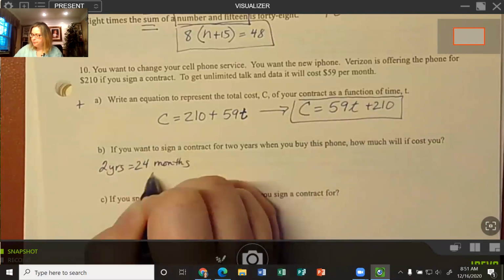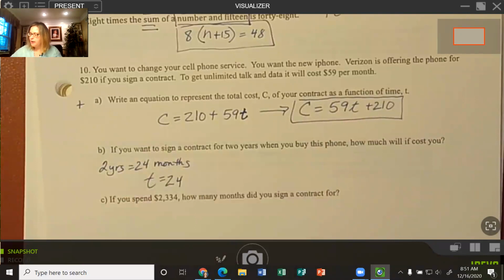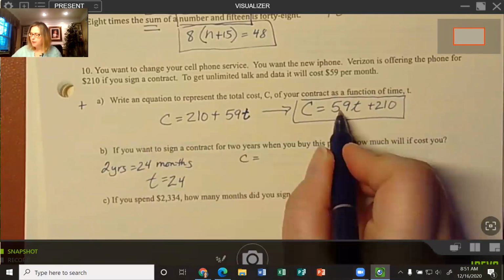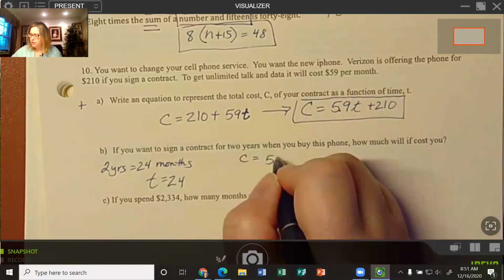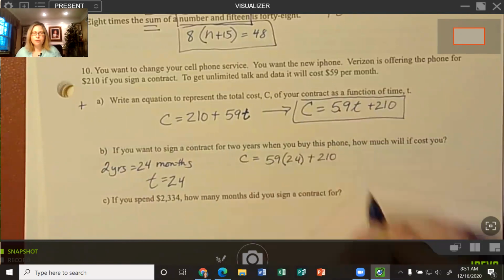So let T equal 24, and then we evaluate. So our cost will be equal to $59 per month times 24 months, plus the $210 for our phone.